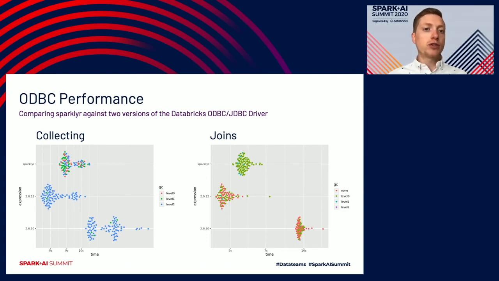So there's a current version of the driver, and an upcoming version of the driver that we've benchmarked as well. And what's great about this is that, as you can see from the middle entry in both of these plots, the updated driver is just as performant in terms of being able to summarize and aggregate and perform data analytics tasks as a native Spark connection is when we're connected through ODBC.